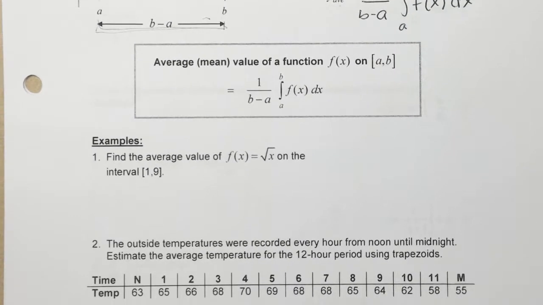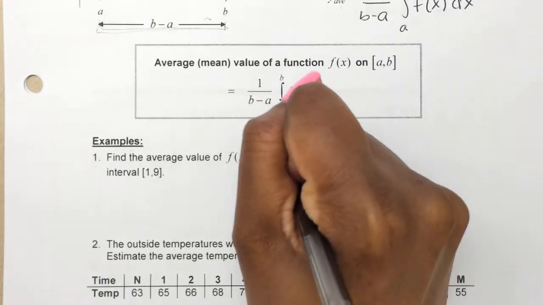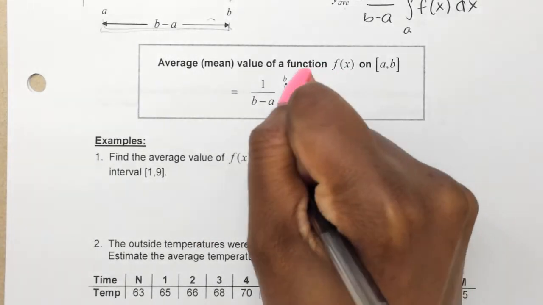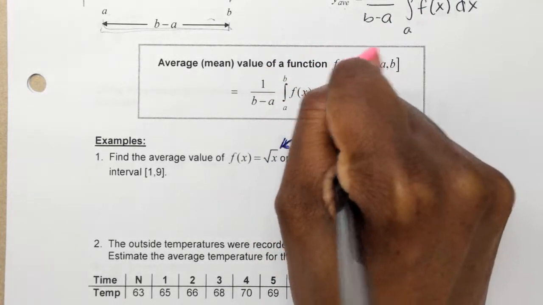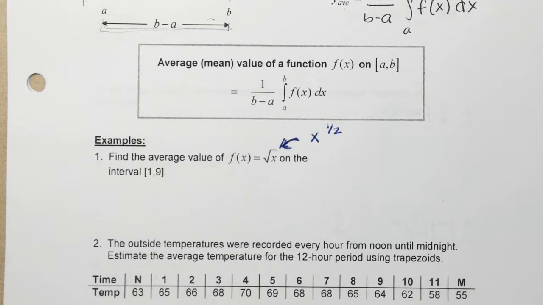So for number 1, we want to find the average value of f of x equaling the square root of x on the interval from 1 to 9. So I know that I'm going to need to find the integral of the square root of x. So I'm just going to rewrite this as x to the 1/2 from the beginning.